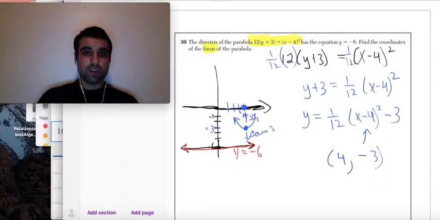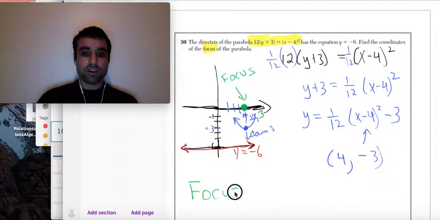So I use green for the focus, and this is up 3. The focus has coordinates 4, 0, and I will write the answer over here.